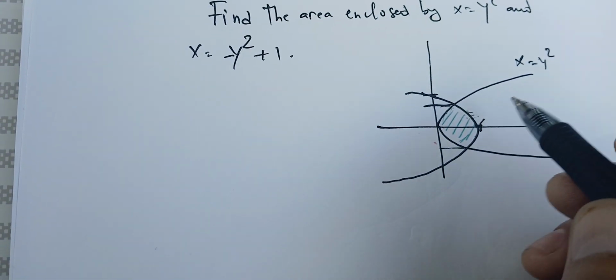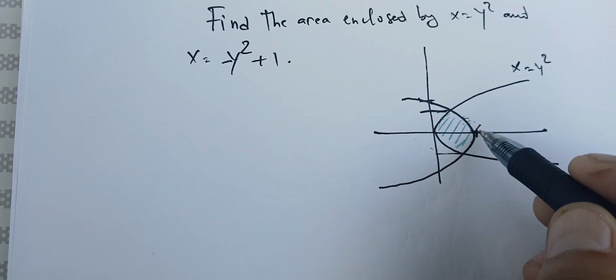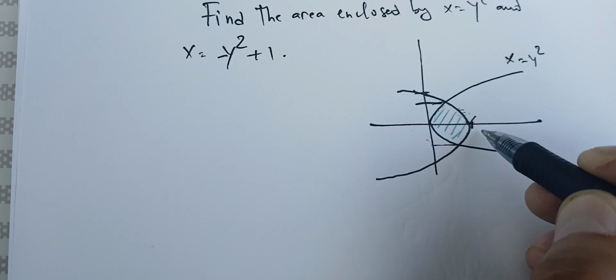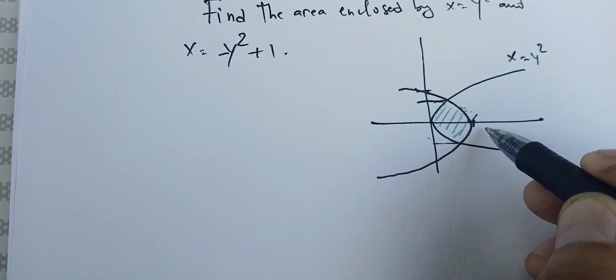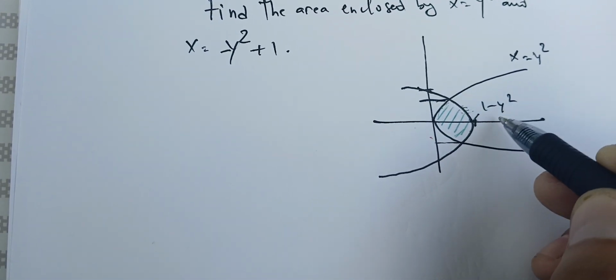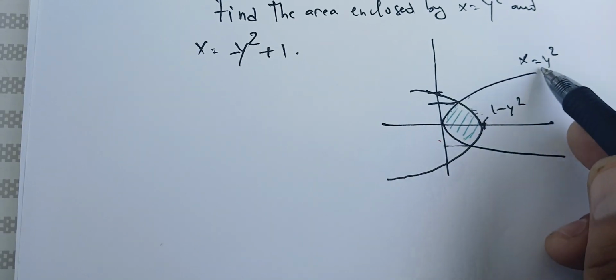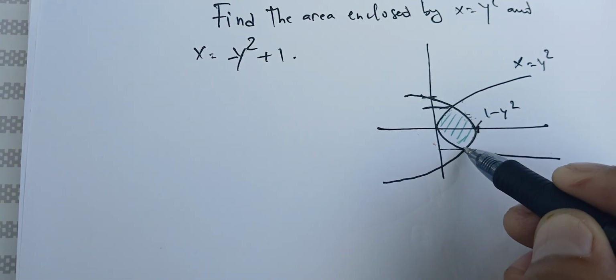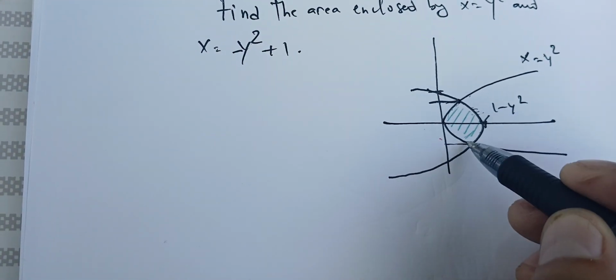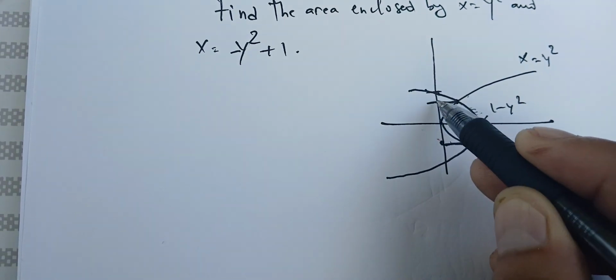Okay, so here our right function is this one, 1 minus y squared. It's on top of y squared. All we need to do is to find these 2 points where we have to integrate.